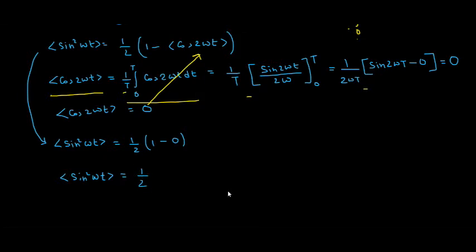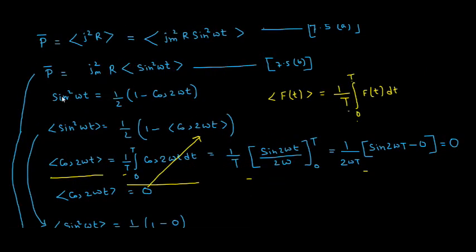So we can write now equation 7.5b as mean of P, that is power, I m square R, and instead of the mean value of sine square omega t we can write half.